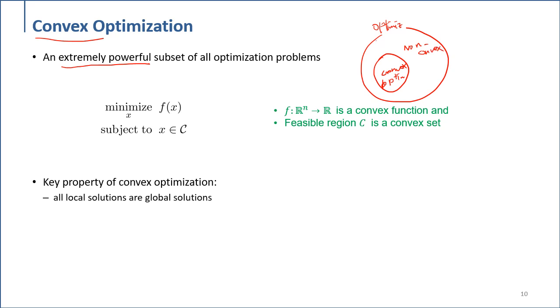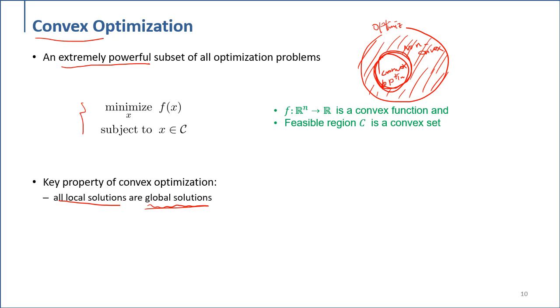Of course, most of the course will cover non-convex optimization problems, but if the problem is a convex optimization, it is extremely powerful because all local solutions are global solutions. So we can guarantee that the local solution we obtain is actually the global solution.